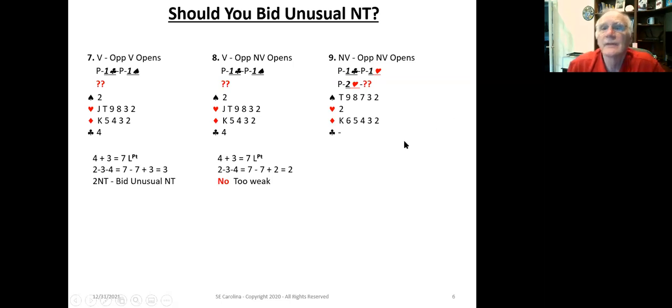Let's take a look at this last example over here. In this one, we have equal vulnerability, and the opponents have bid, our partner passed. Our right-hand opponent bid a club. We passed for whatever reason. We didn't have the right shape.